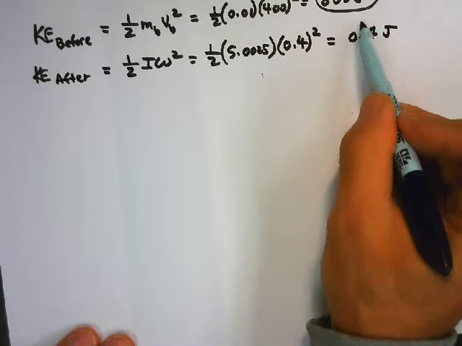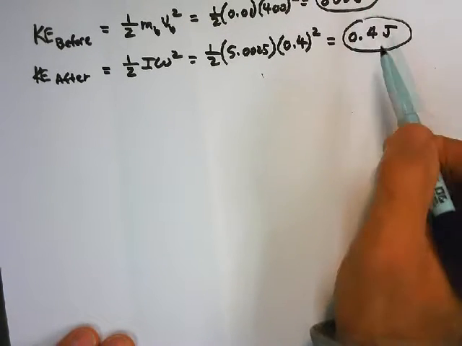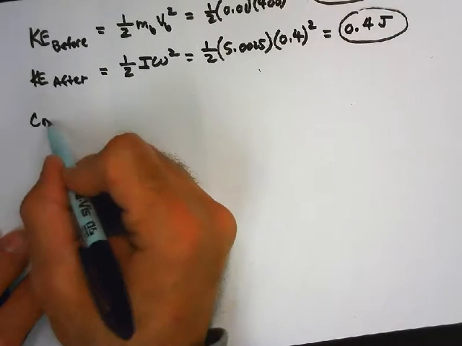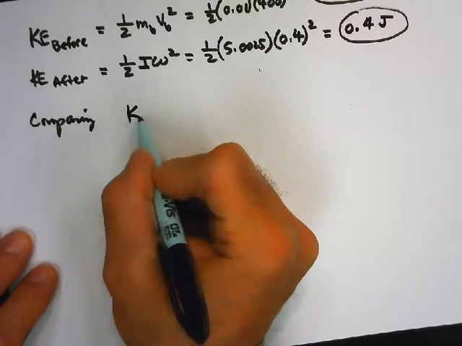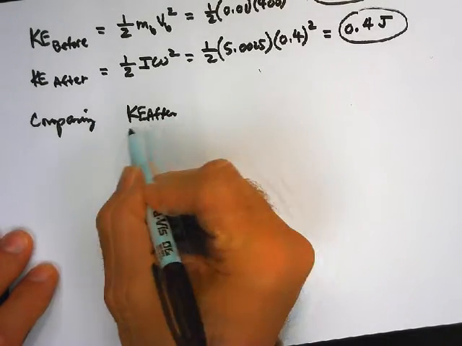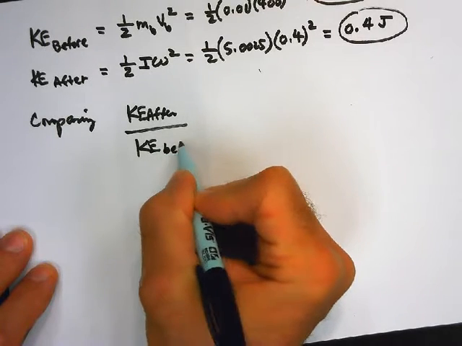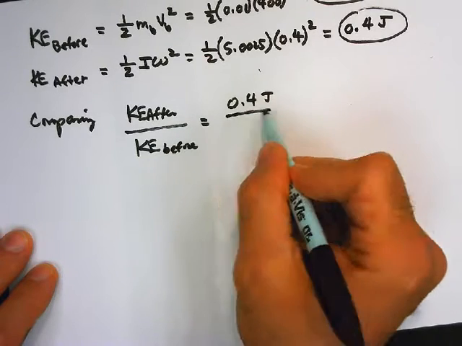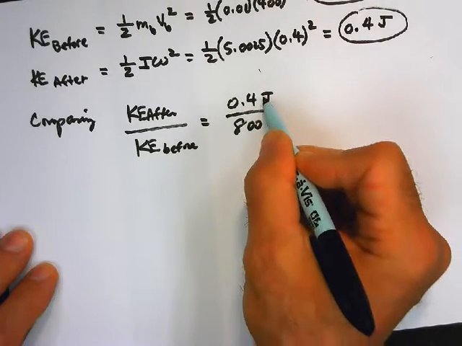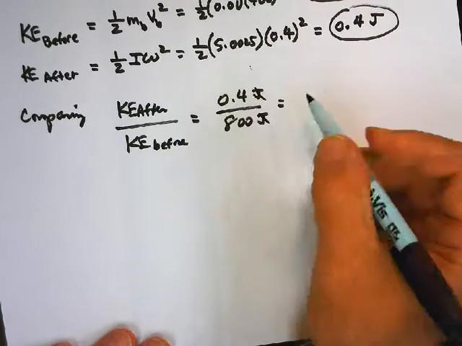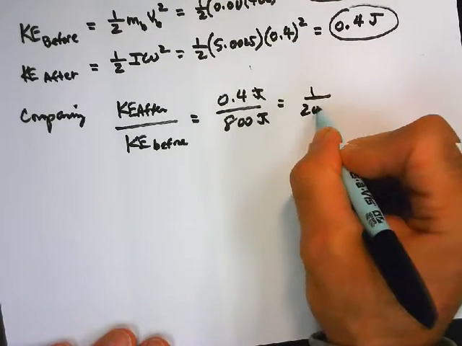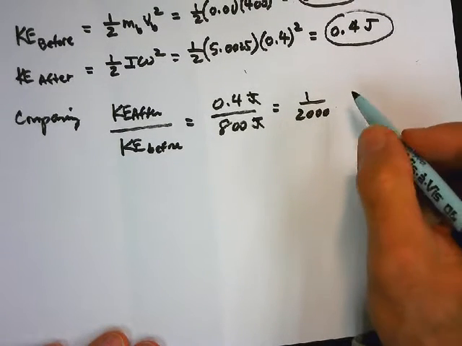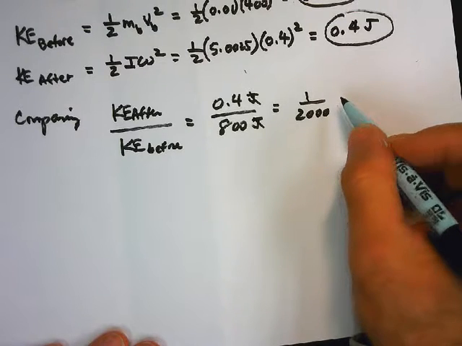Now if we compare the kinetic energy after to that of the kinetic energy before, we see that this is 0.4 joules over 800 joules, which gives us 1/2000th as much kinetic energy after compared to before.